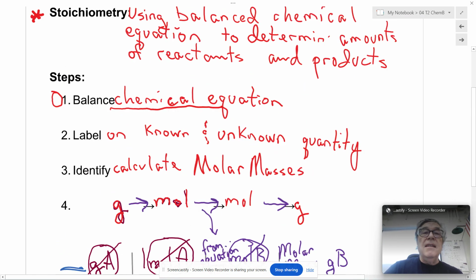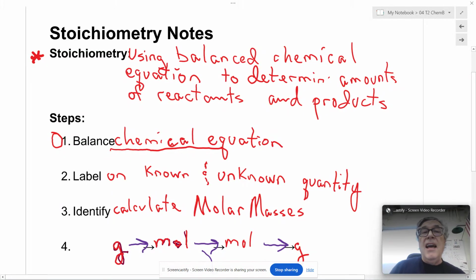So this is what we have from yesterday, page 25 in your notes. Stoichiometry uses the balanced chemical equation to determine amounts of reactants and products. Now, a lot of you were not here yesterday.